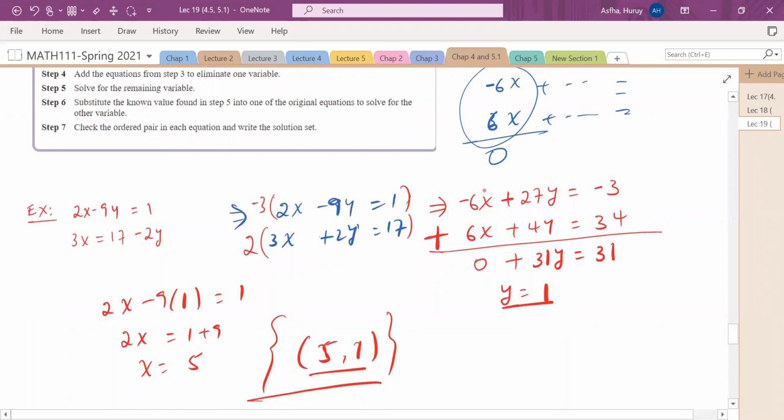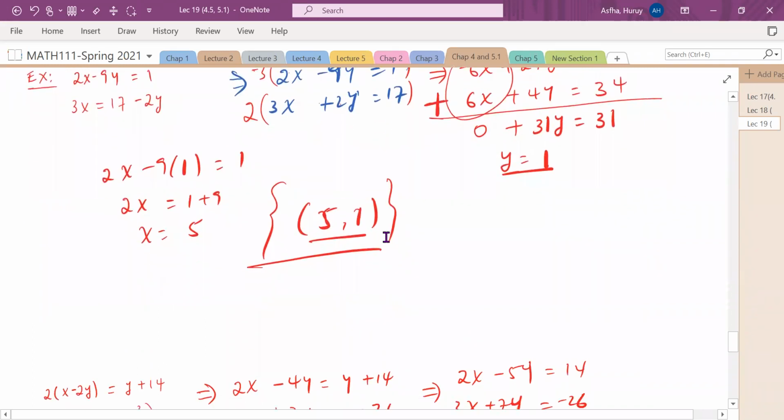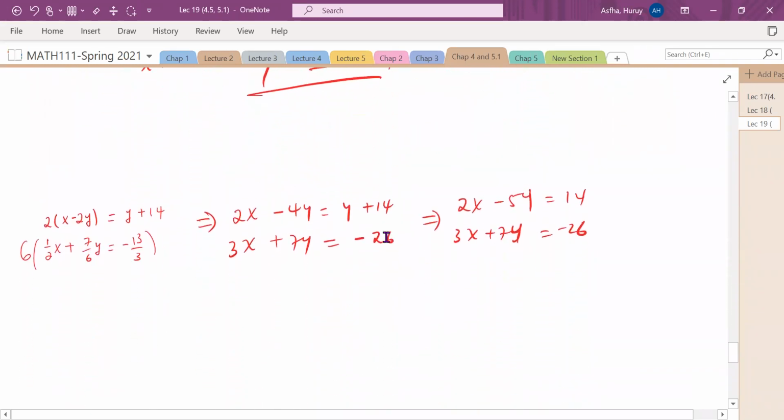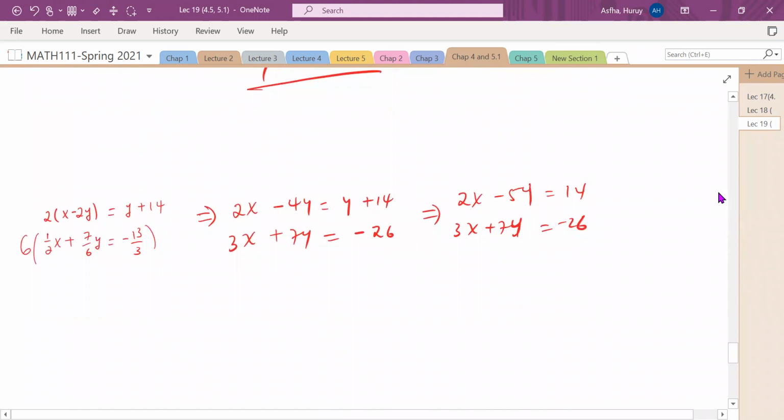That's why it's called the elimination method. So here you can either use the substitution method or the elimination method. I will use the addition method, sorry.